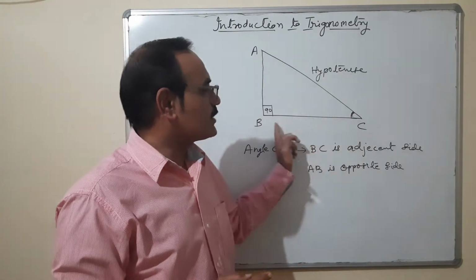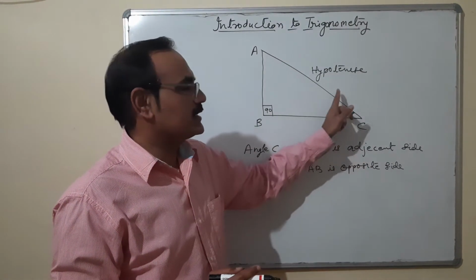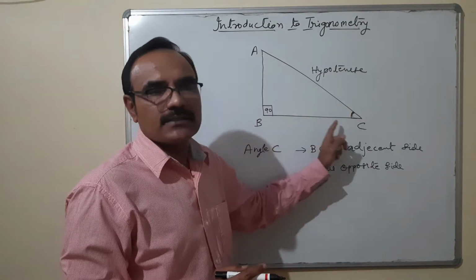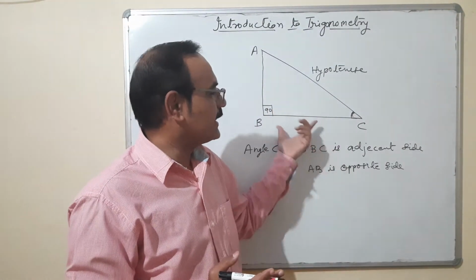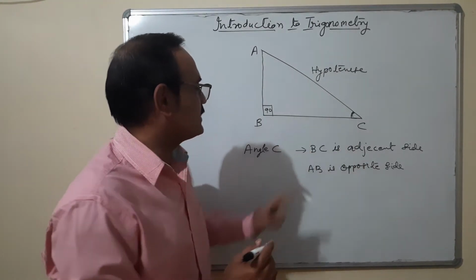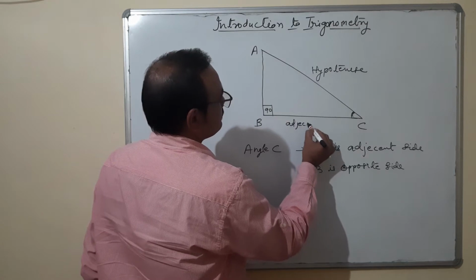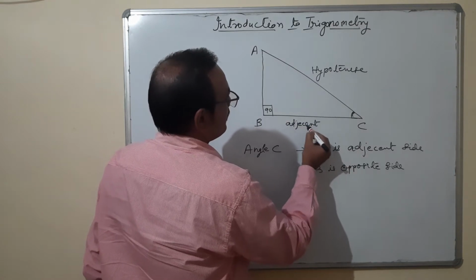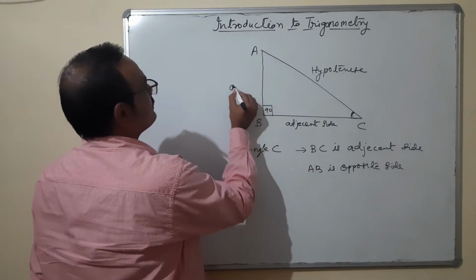The side which is associated with this angle. So here with angle C, there are two sides, AC and BC. Since AC is the hypotenuse, the other remaining side is BC. So when we are talking about angle C, BC is the adjacent side and AB is the opposite side.